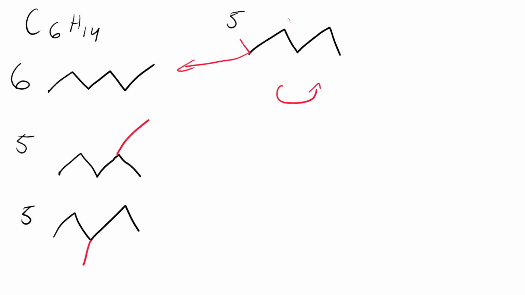So if you were to twist it around like that, it would be the same thing. So we cannot use 5 anymore. Same thing, this would be the same as this. We just twisted it around, like right there, right? So number 5 is not good.